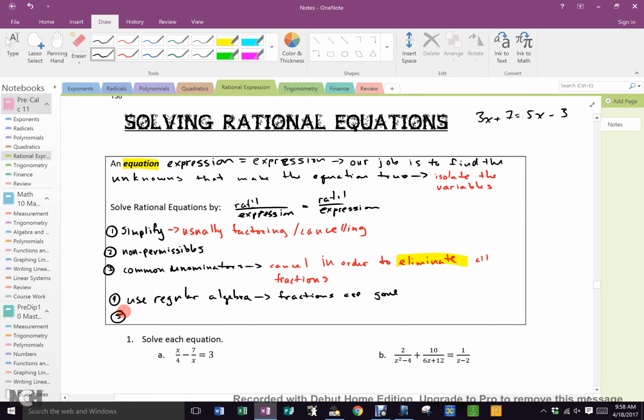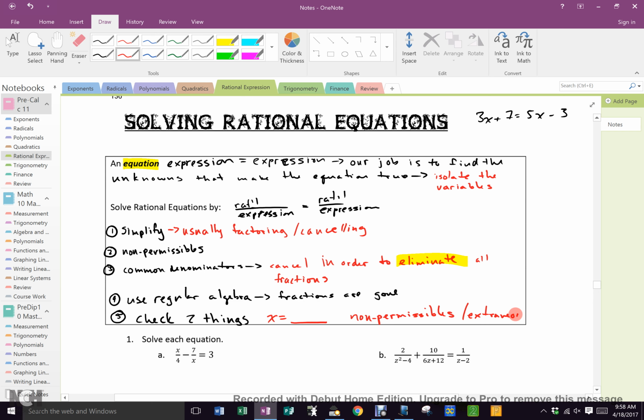And step 5, we've got to check 2 things. What are the 2 things we need to check? Because in step 5, we are at this point. X equals something. We have to check non-permissibles and extraneous.